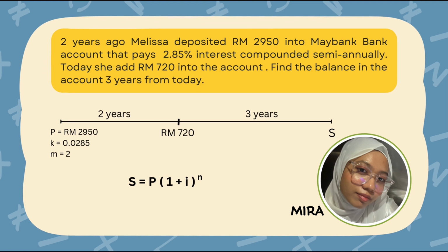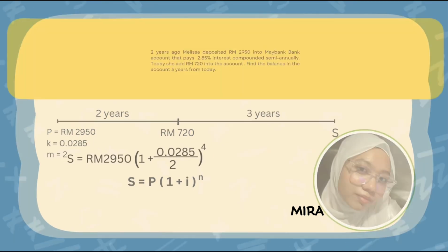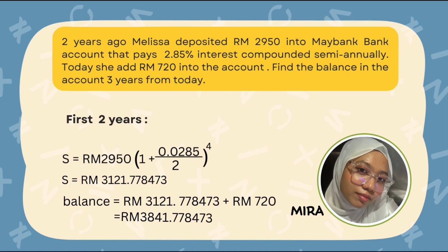You need to put all of the information into the compound interest formula. S equals P bracket 1 plus K over M power of N. For the first 2 years, you have to find the first maturity value.